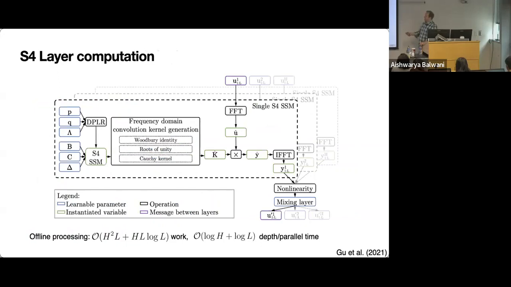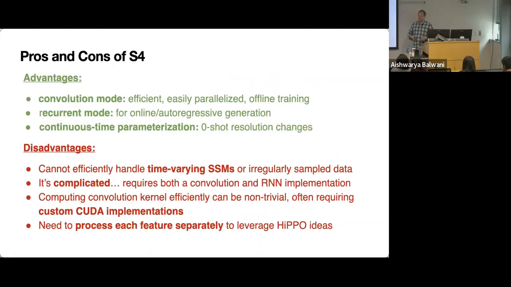And the computational steps within each layer involve a number of steps to convert things efficiently into the Fourier domain, run these convolutions as multiplications, and invert them back out. The net result is something that's very efficient. It can be done in ways that are linear in time, or logarithmic in time if you have a parallel machine. So it's very fast in the end, but it's rather complicated.